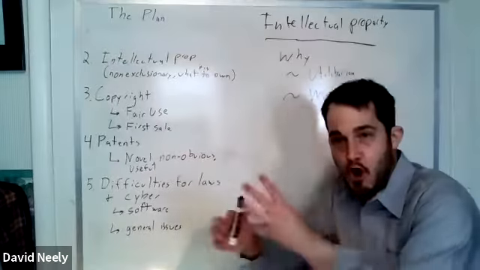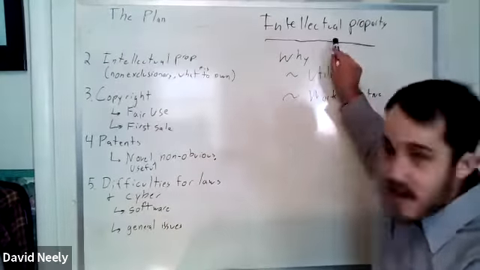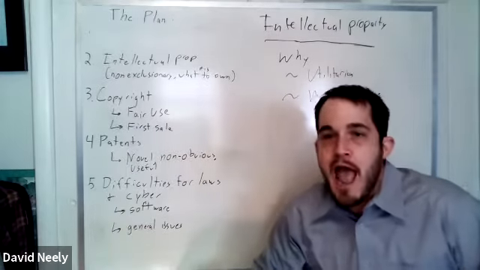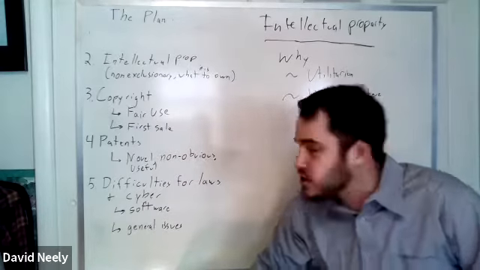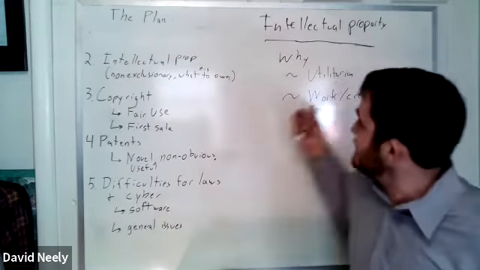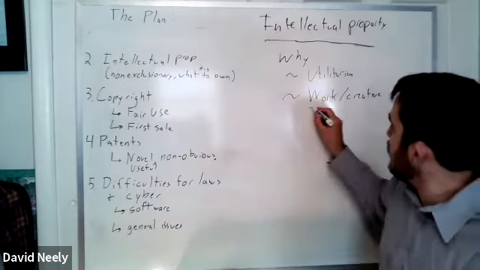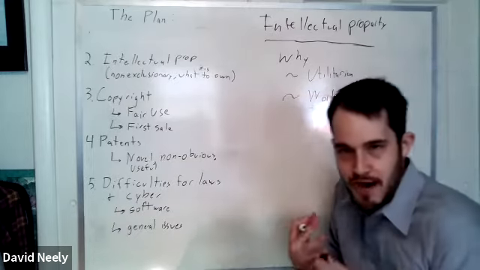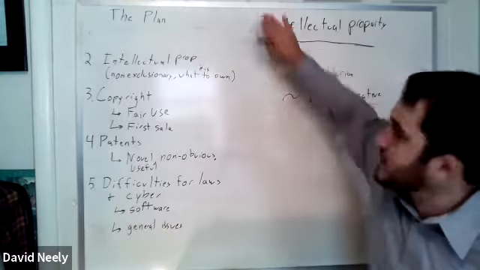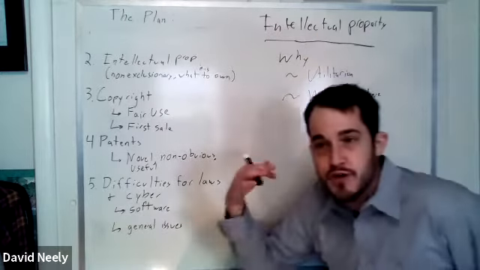Just like if you work hard to build something, you deserve it. If you spend 10 years writing a book and then somebody punches you in the face, takes your manuscript and sells it, you would be really unhappy, because you poured your effort into this thing. It was your work. It is part of you, your creative energies that went into it. So in the same way that with physical property, we like to think that you should get what you deserve, with intellectual property, you should as well.